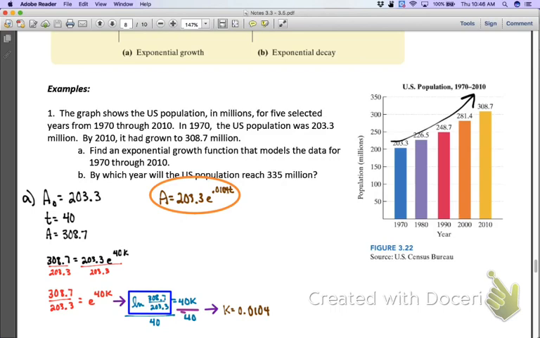So that's what my K value is. My mistake that I had my numbers backwards.